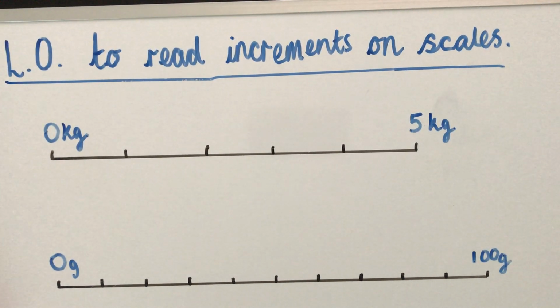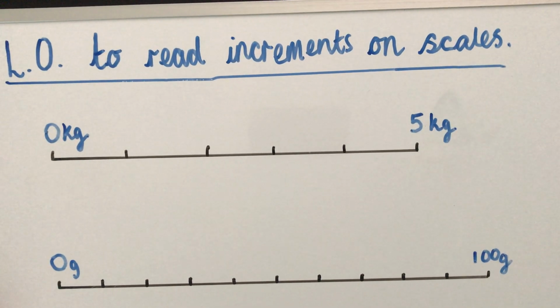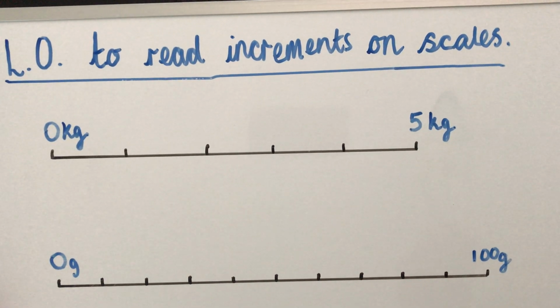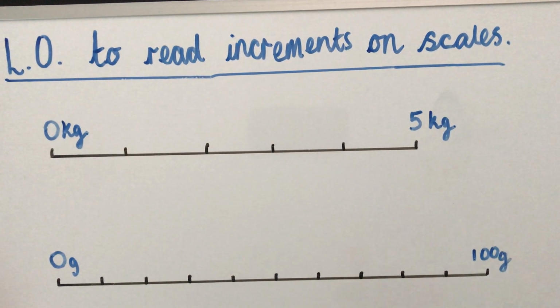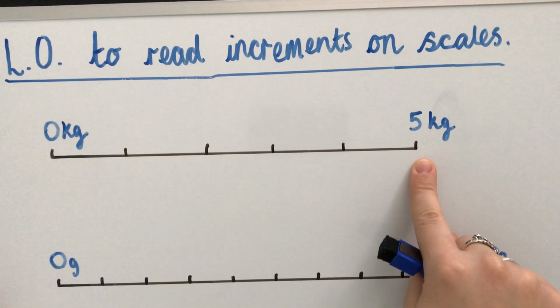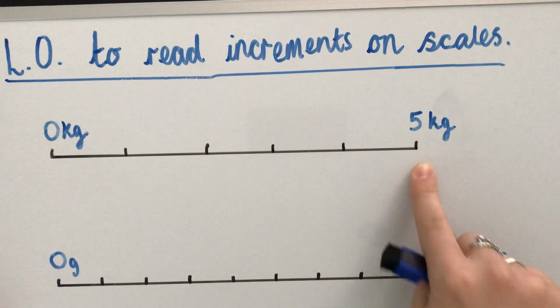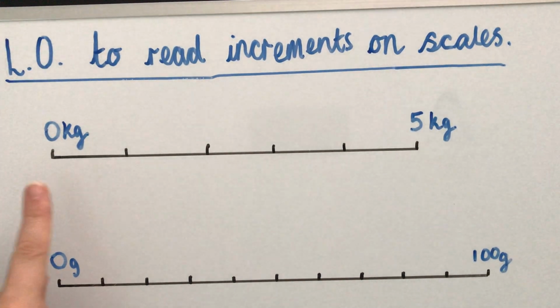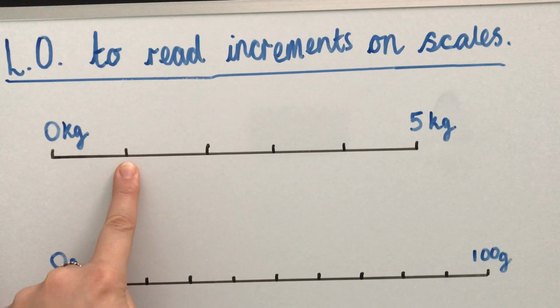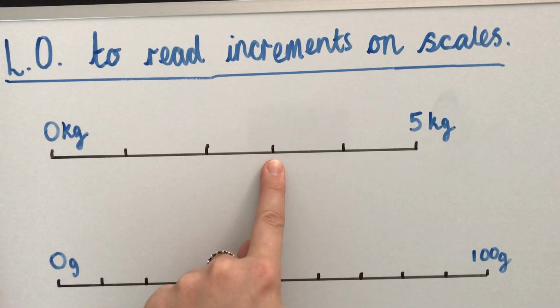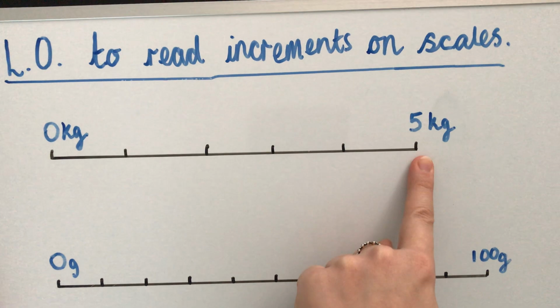And to do that, all we need to do is count the number of increments and then divide it by the number that we have on our first line. Okay, so from 0 we've got 1, 2, 3, 4, 5.